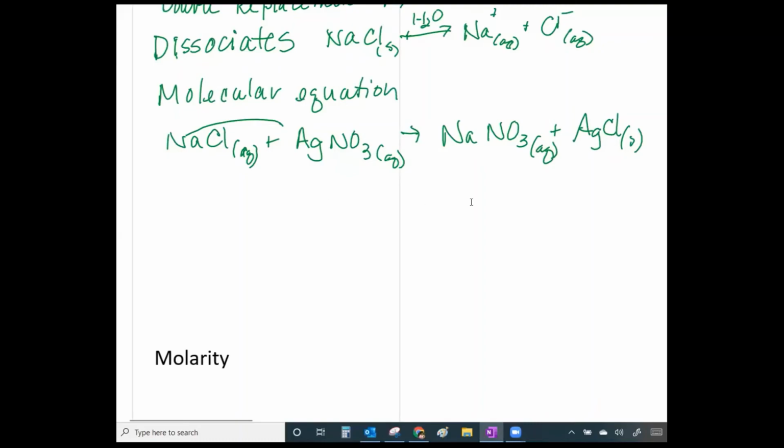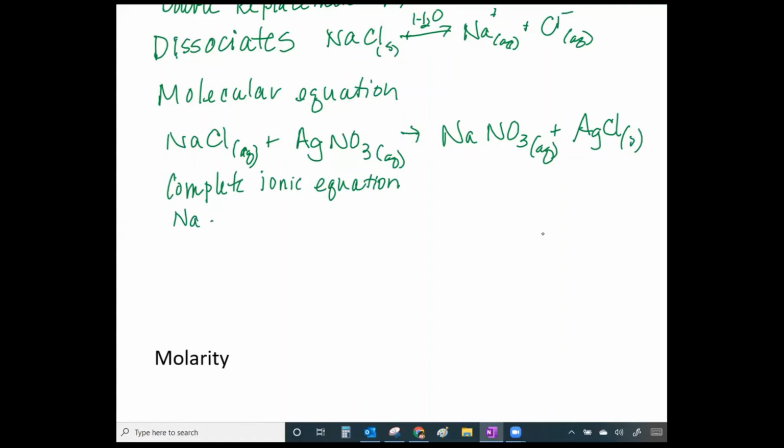So we're talking about equations. A molecular equation is an equation that describes what's going on. If we do a complete ionic equation, we're going to dissociate everything that can be dissociated.